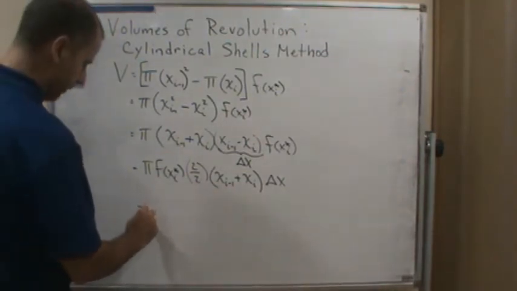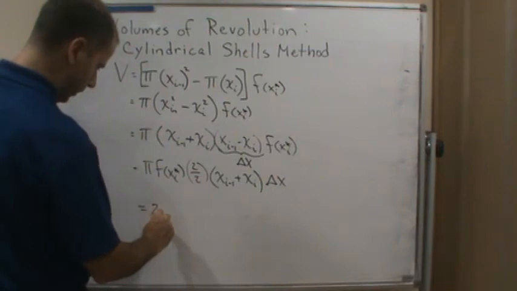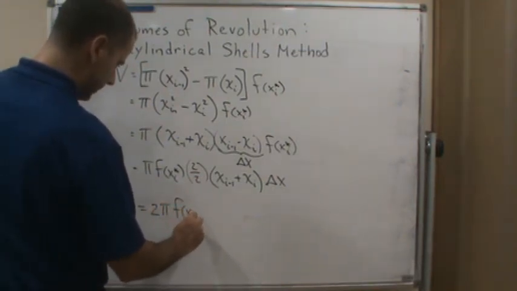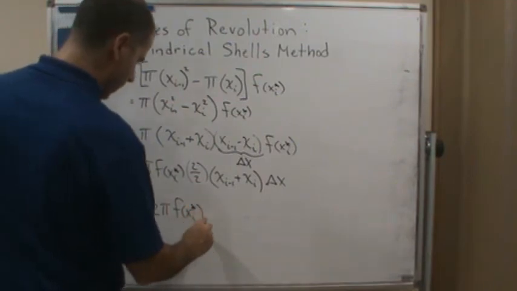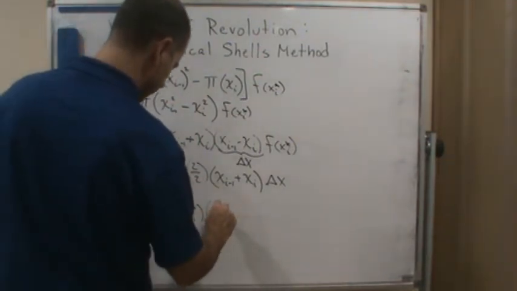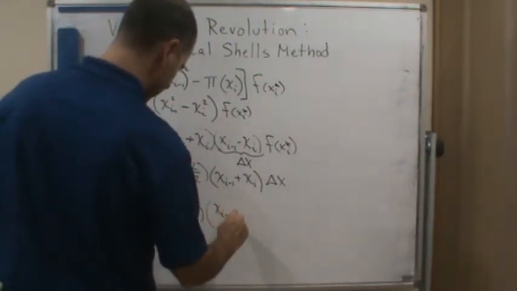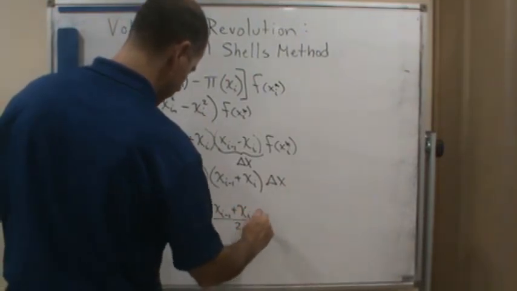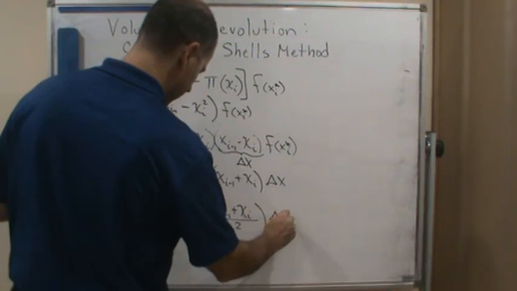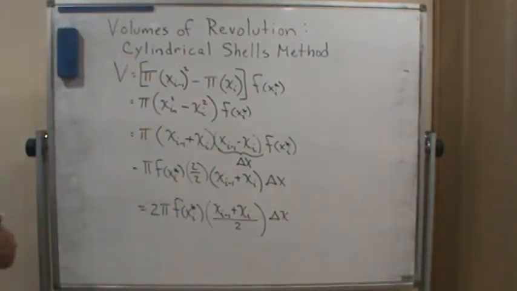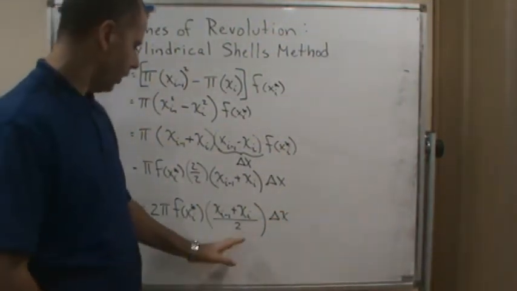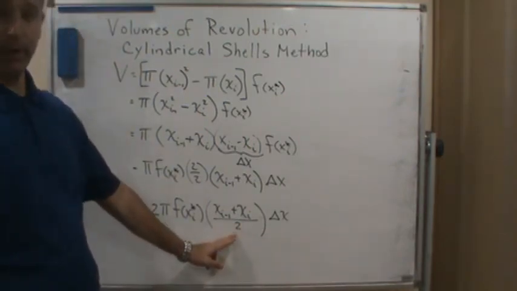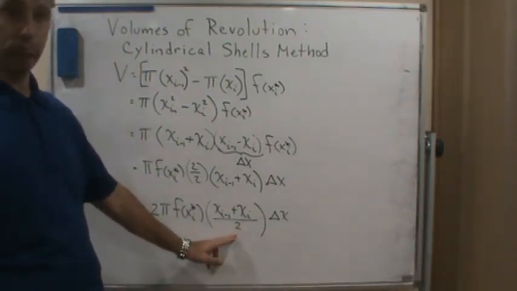So I'm going to split it up, and I can do that. So 2 times pi times f of x of i star times x of i minus 1 plus x of i, all divided by 2, times delta x. Okay, so now, what is this? This is just the midpoint of the interval.